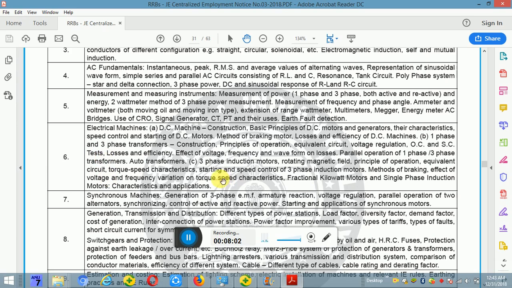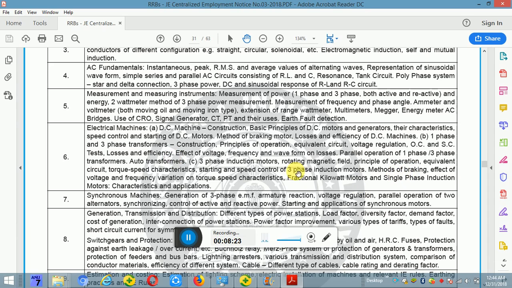This is all. And regarding three phase induction motors: rotating magnetic field, principle of operation, equivalent circuit, torque and speed characteristics, starting and speed control of three phase induction motors, methods of braking.